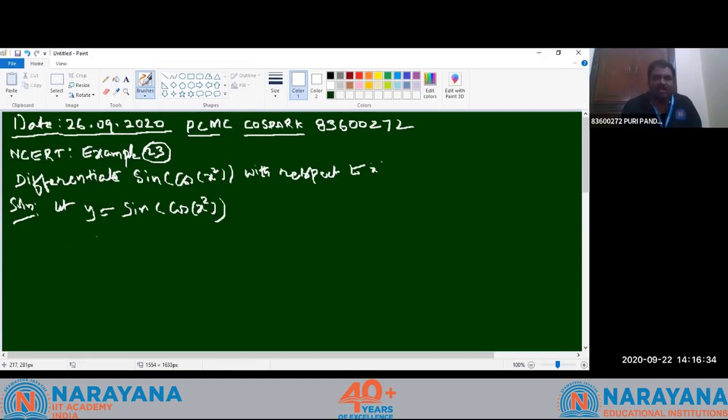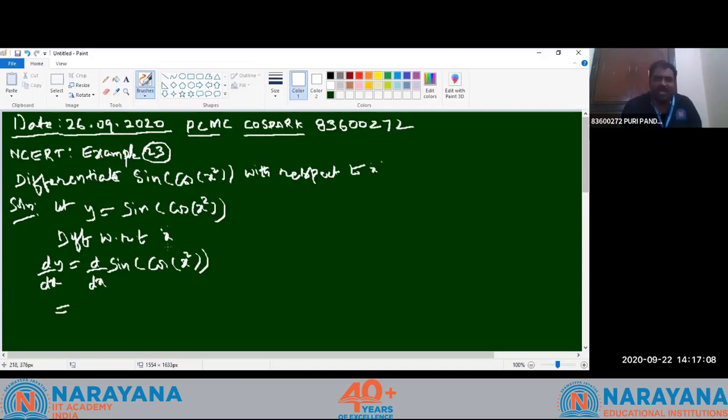Now we are differentiating with respect to x. That means dy by dx, both sides we are differentiating with respect to x. So dy by dx is equal to d by dx of sin of cos of x square.